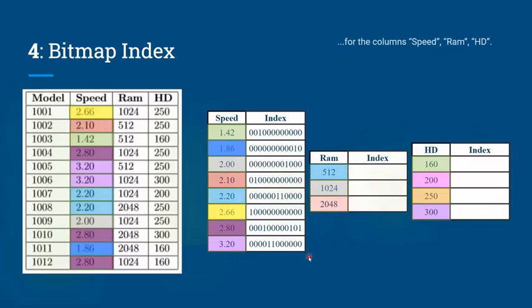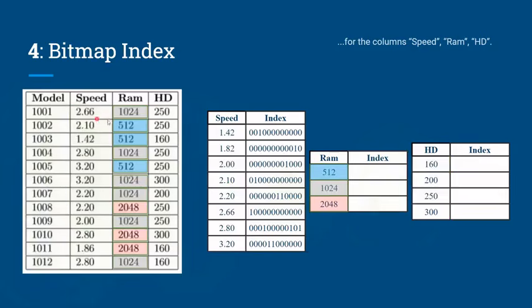What about the RAM index? Let's see. So 512. Where does 512 exist? Right there, right here, and again here. So 0, 1, 1, 0, 1, and the rest are 0. 1024, 1, 0, 0, 1, 0, 1, 1, 0, 1, 0, 0, 1.